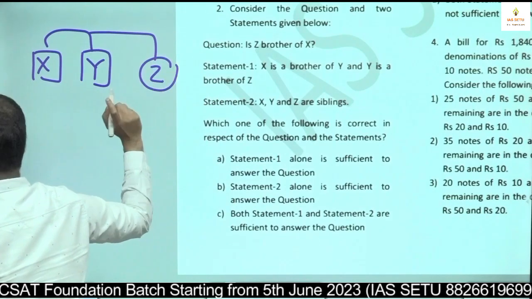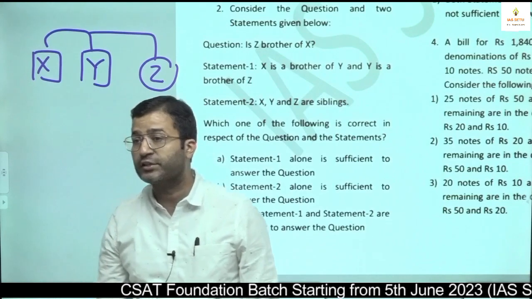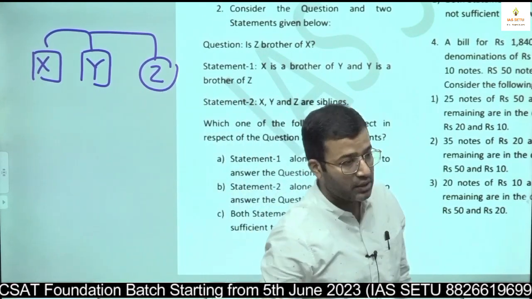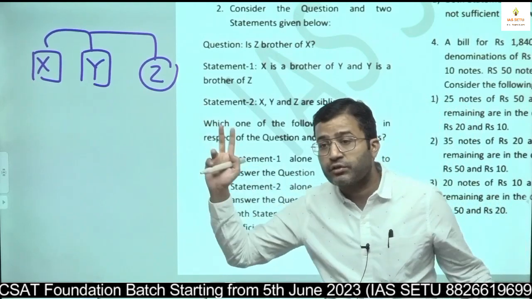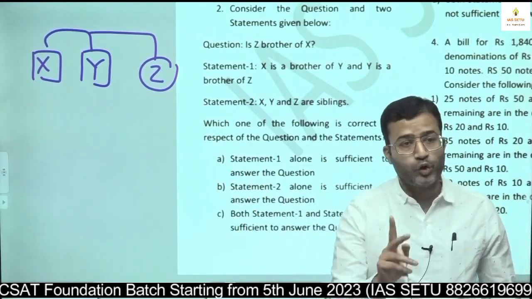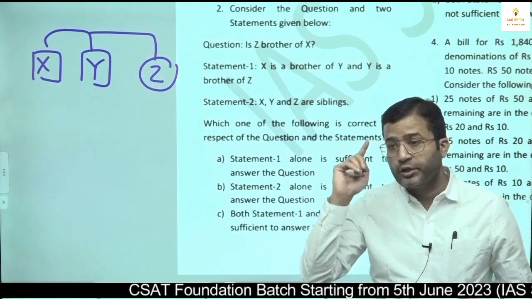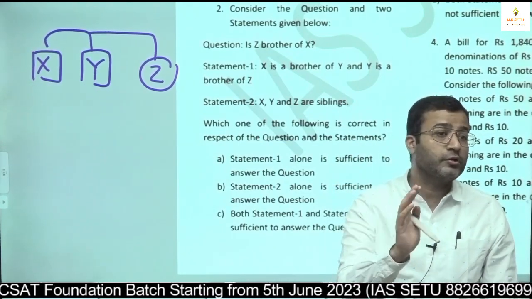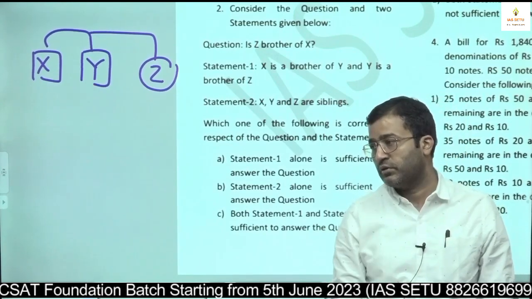And I told you in blood relation, wherever gender is not confirmed, try to put a circle so that you have an idea. Here Y is brother of Z. And I told you in blood relation class, the ability of your mind to process half information is going to create problems for you.